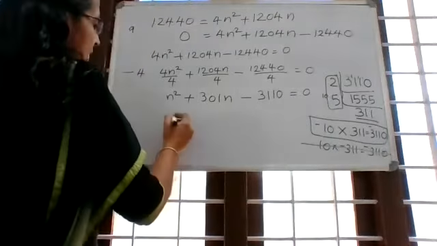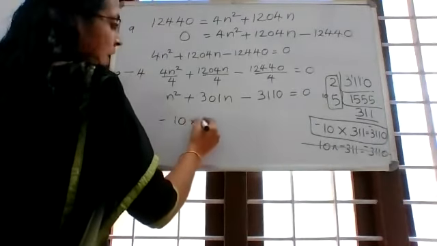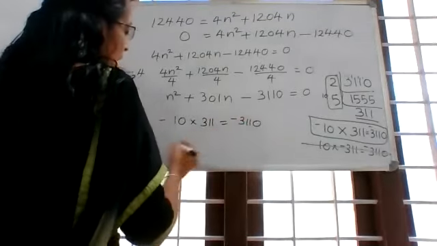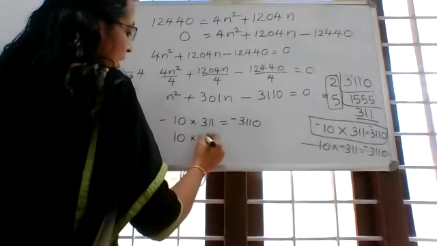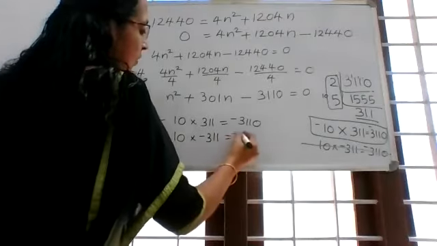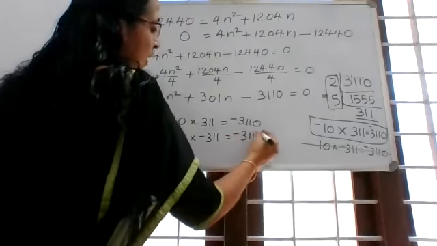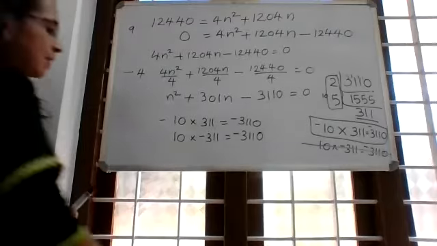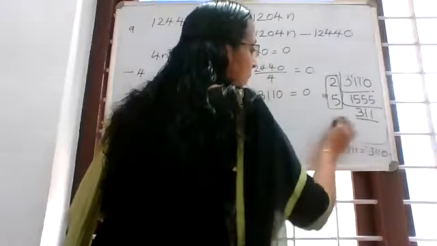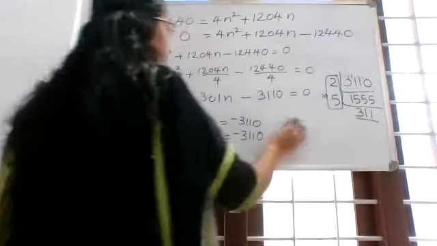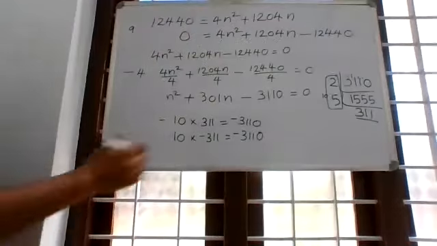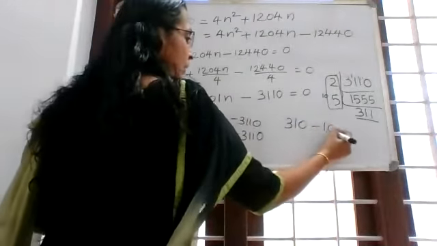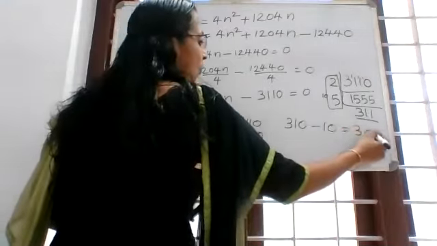So either negative 10 into 311 is negative 3110, or 10 into negative 311 is equal to negative 3110. So which one we want to take? We want to finalize, so for that think about which one. The middle term is 301. So if we subtract like this way, then only we will get 301.